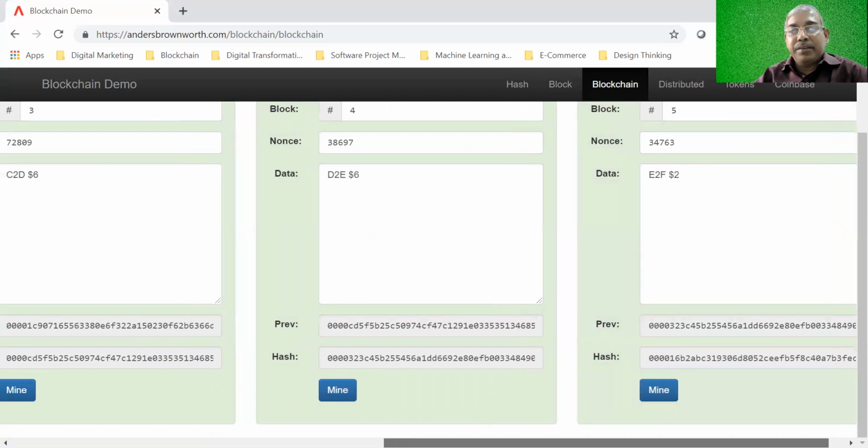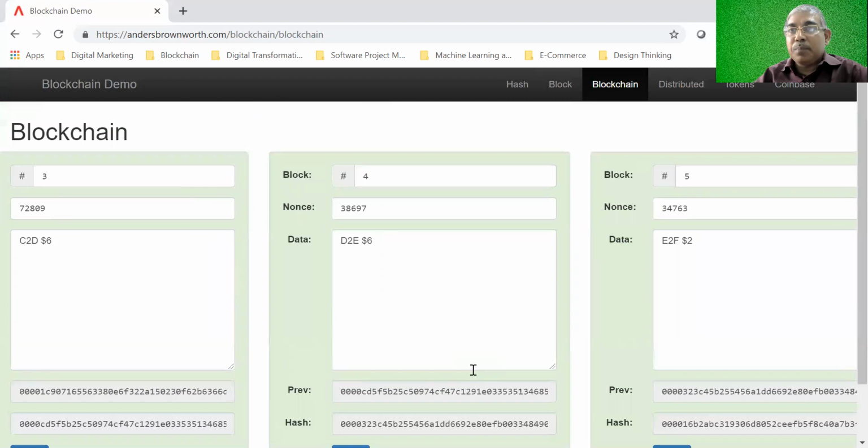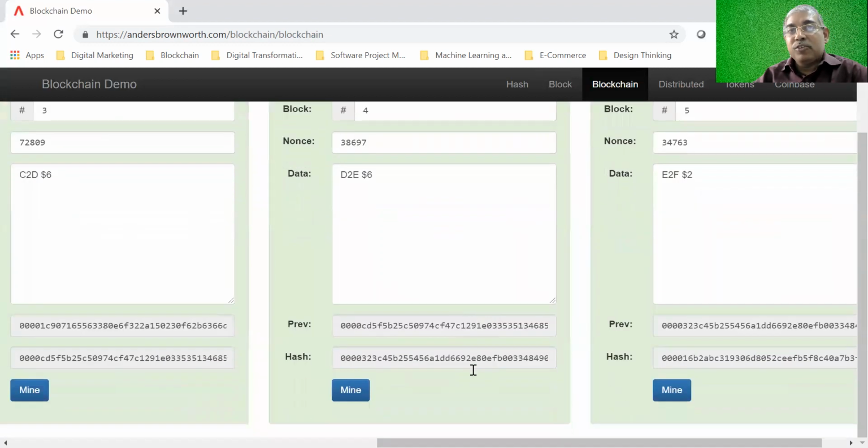It can be corrected, but that will take an effort on the part of the party with a malicious intent. Later on, we'll see using the distributed function how this can be made more difficult so that such changes cannot be done, or it will become almost impossible to make. Let us change it back to our original values and make it consistent.